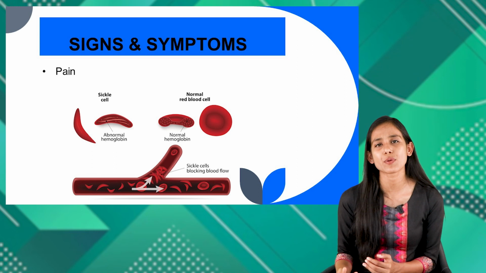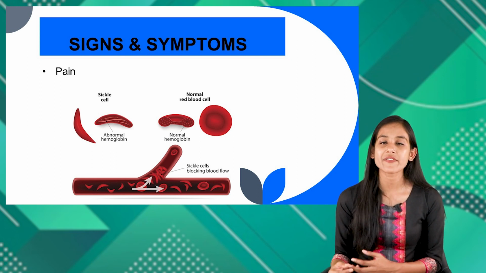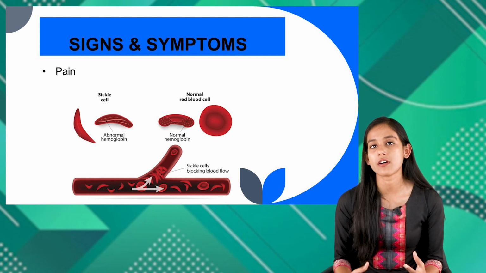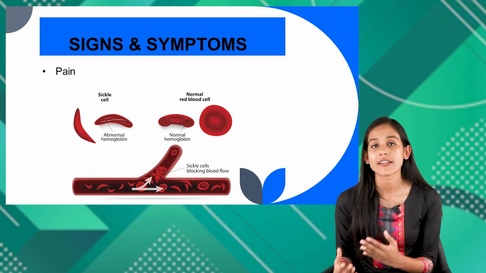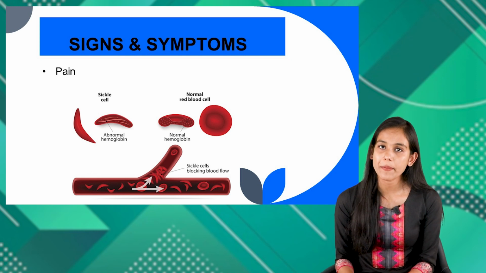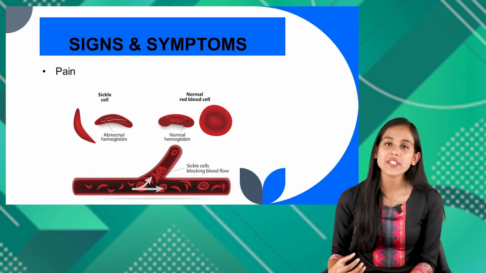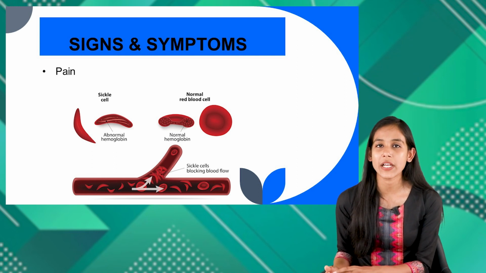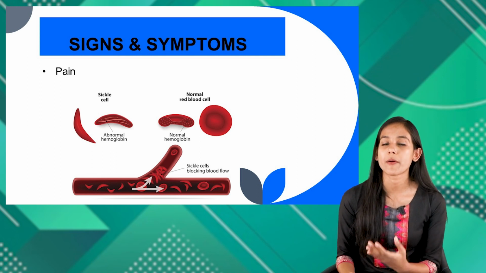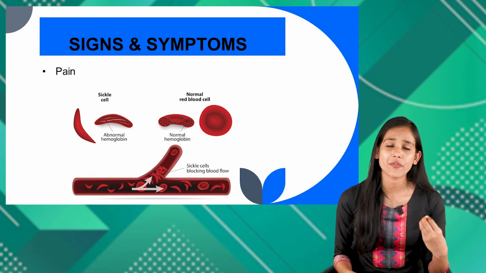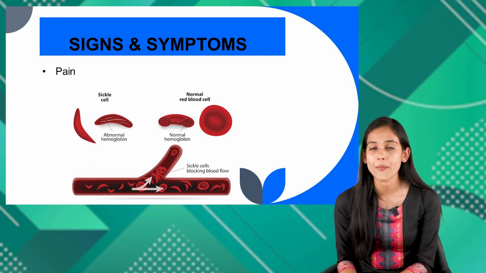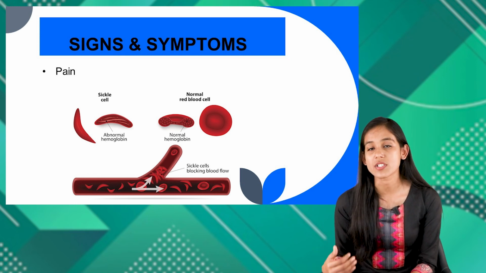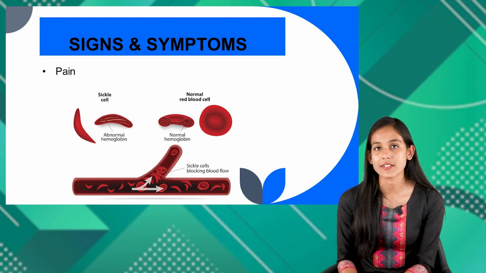So there would be episodes of this crisis, whenever the child experiences this extremely painful situation, this is called a crisis. So this is an episodic pain where, whenever these sickle shaped RBCs block the tiny blood vessels of the chest or abdomen, or affect the joints or the bones also, the child will have extreme or severe pain during that situation.